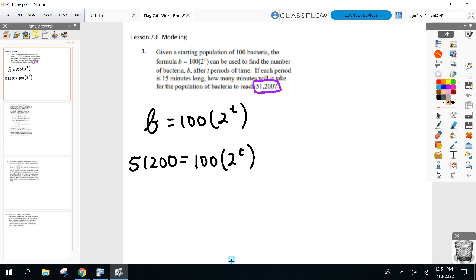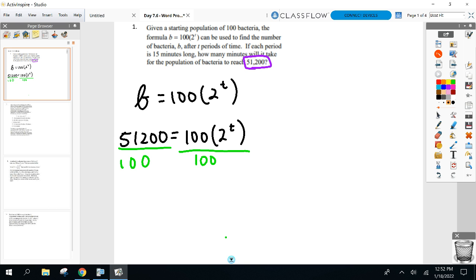My teaching's done. This is something we have reviewed with classwork and Delta Math. What's your first move? Divide by 100. So you get 2 to the T. And over here, the zeros cancel, 512.